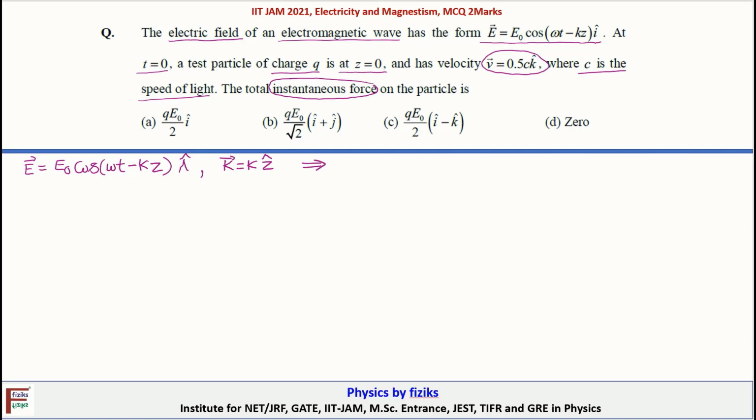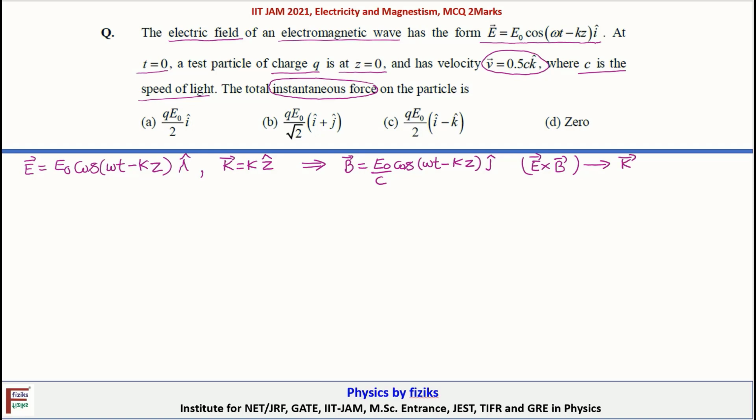So we can easily write the corresponding B. B has amplitude 1 by c times the amplitude of the electric field, so that will be cos omega t minus kz. Now this will be polarized in j cap, because you can easily verify that E cross B must be in the direction of energy flow.